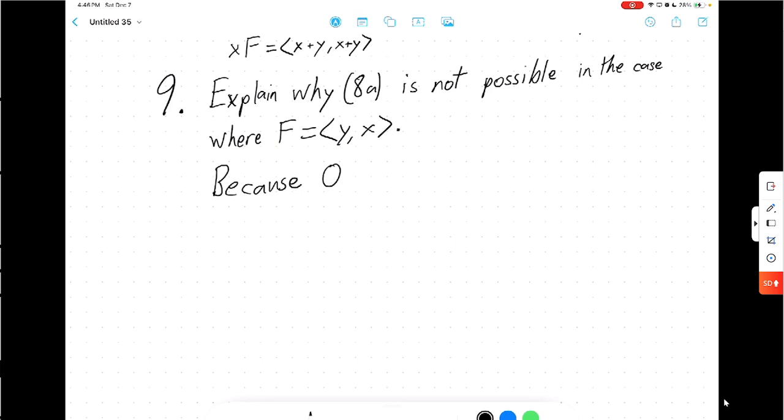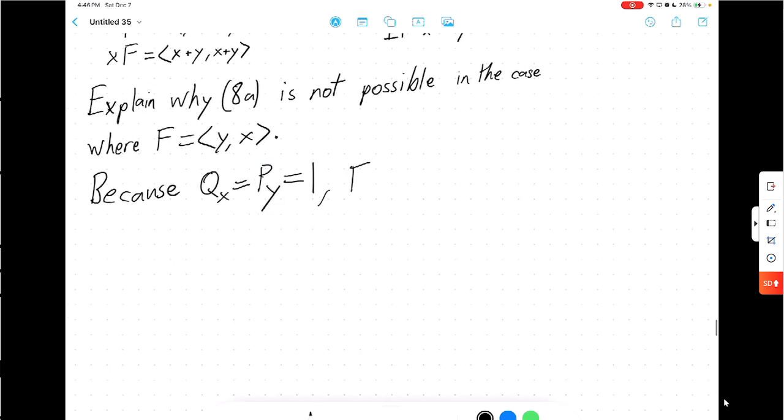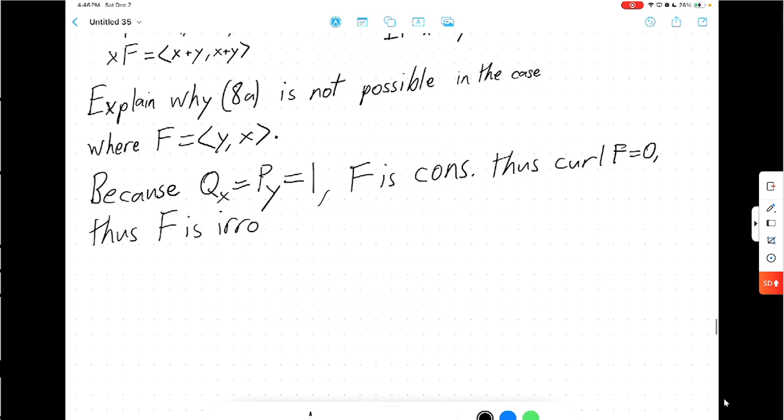Yep, actually, because q of x is equal to p of y, which is 1, when f is conservative, thus curl f is 0. Thus f is irrotational. So we cannot.